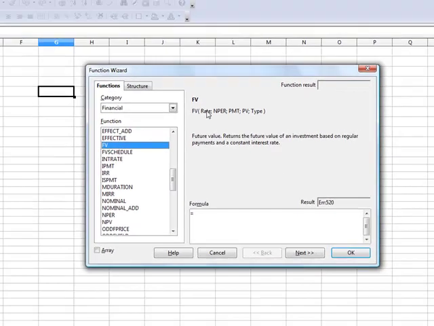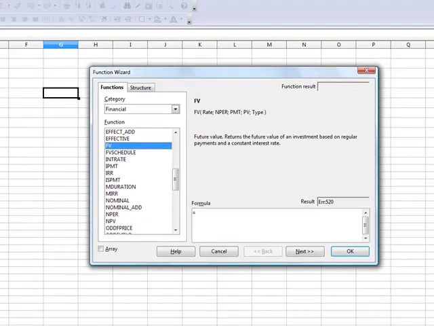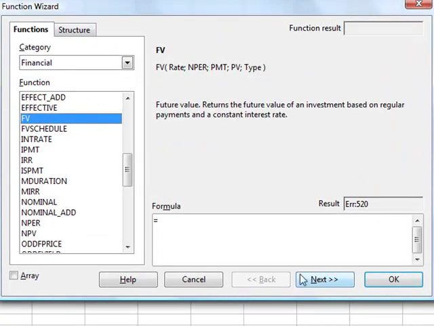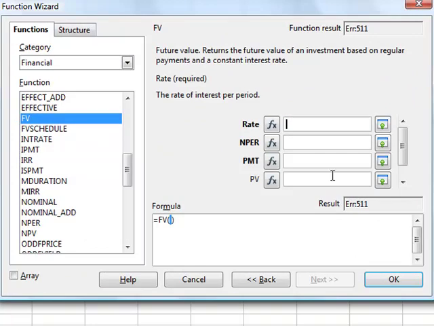Rate being the I, which is the interest rate, the N per being N, the payment, which is 0 in this case, we're not adding anything to this investment, the present value being the current present value, and the type. I'm going to discuss that in a little while. For right now, ignore that.